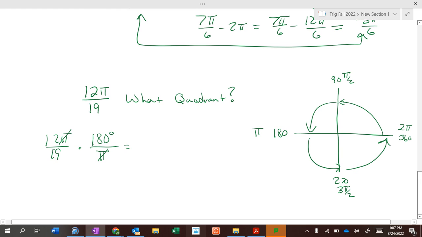Pi's cancel. 12 times 180 is a big number. I don't have a calculator in front of me. Divide that by 19, and you get 113.68. Yeah, 113 point whatever. You're just somewhere off in quadrant 2. Okay?